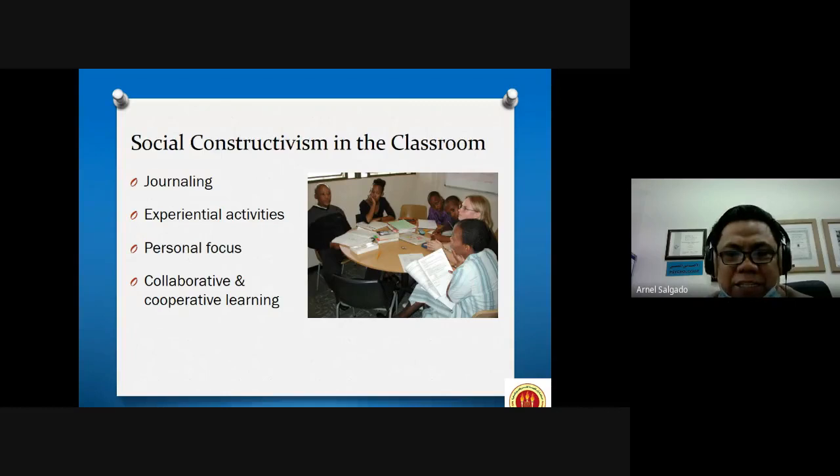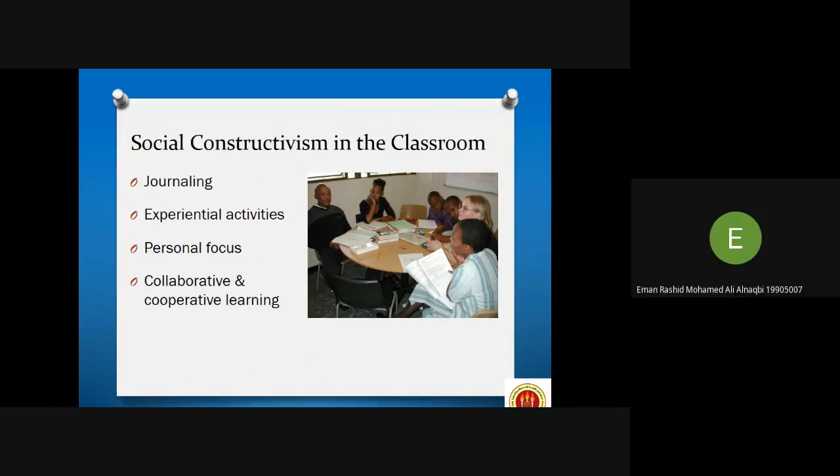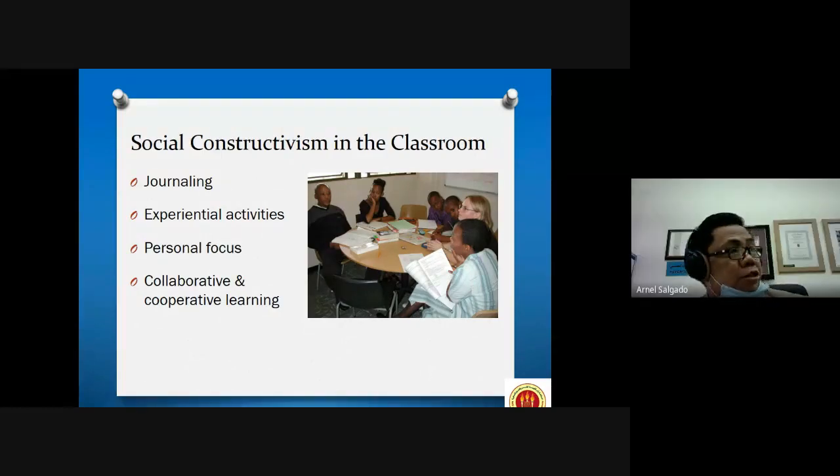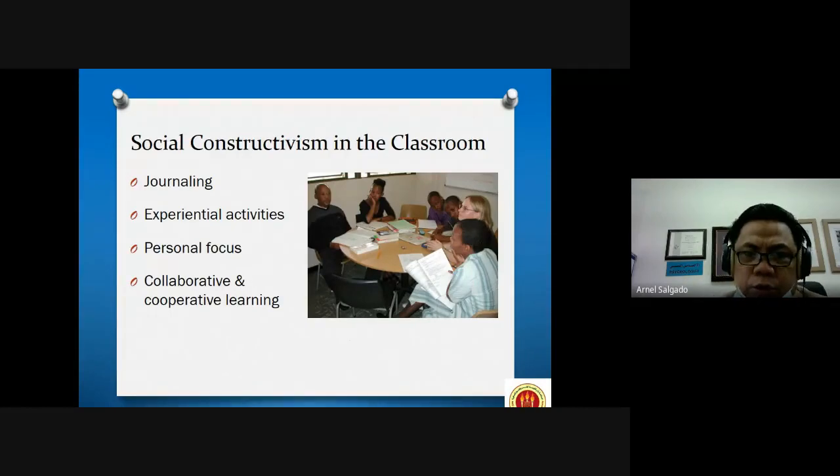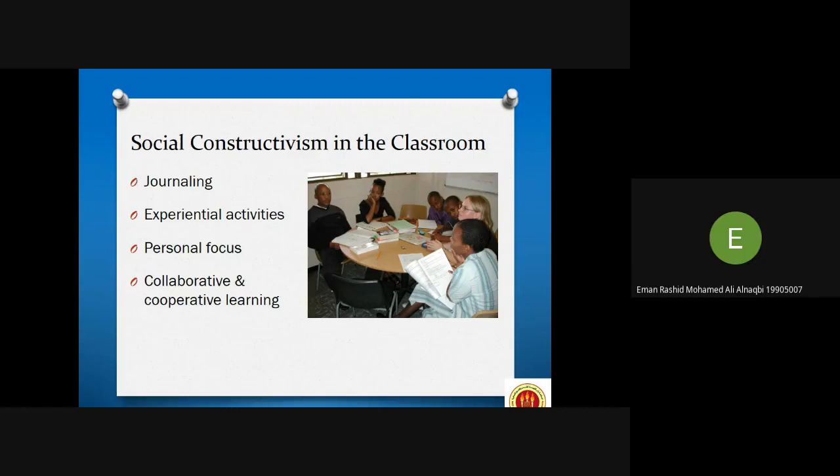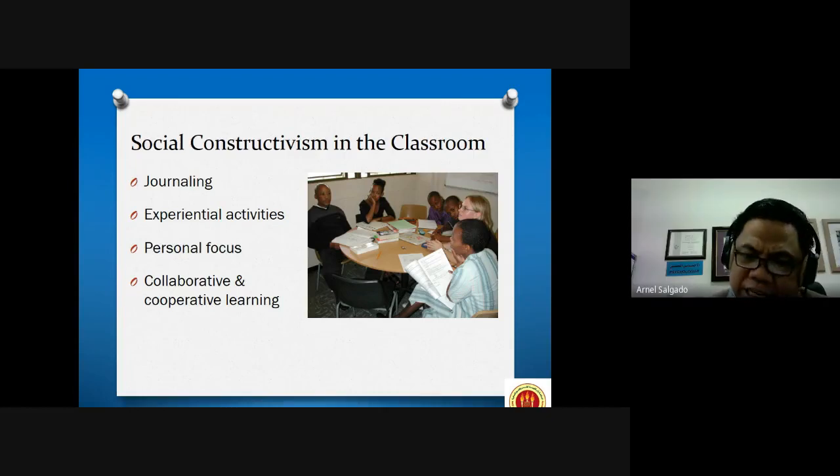Like for instance, it's mentioned here, no? If you're going to apply social constructivism in the classroom, these are the things that you will actually do. Journaling. So you keep your journal, you keep your experiences every day. So you're going to connect your emotions, jot them down, and share your experiences with the group.